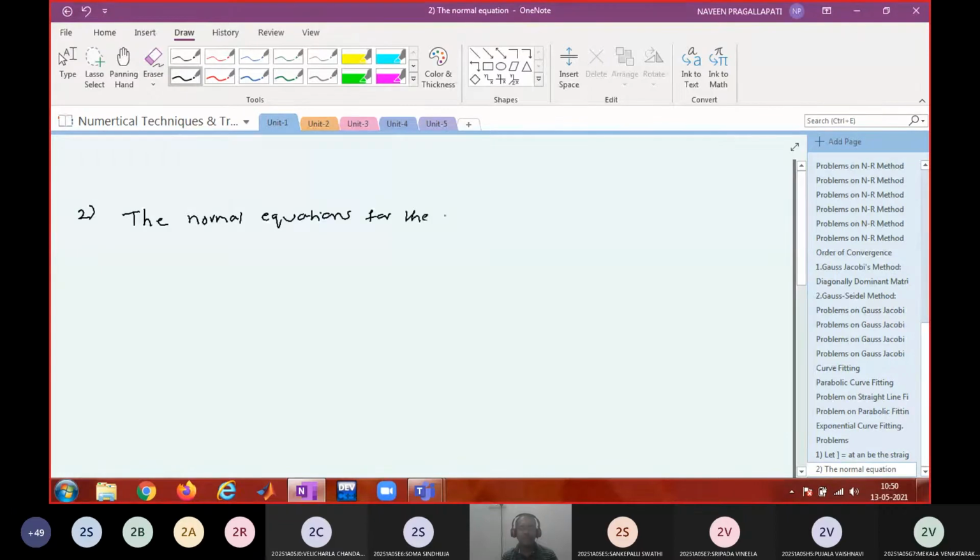So the parabolic curve fitting of the form, to the given data.